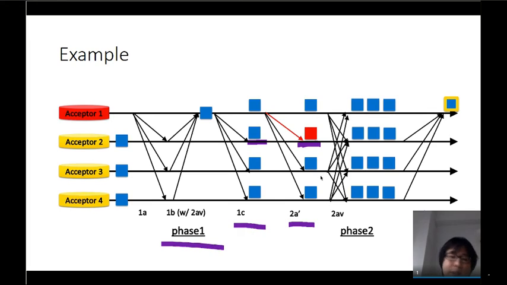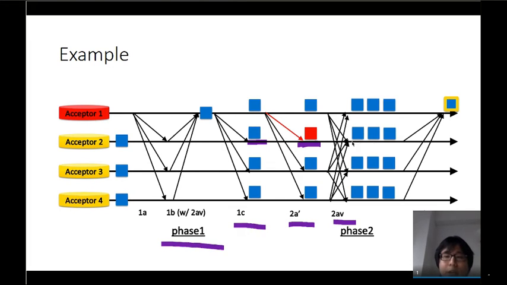For every other acceptor, because the values for phase 2A prime and phase 1C match, they will broadcast a phase 2AV message to everyone. After an acceptor receives a quorum of these messages, it will check if the messages match each other. And if so, it will broadcast a phase 2B message to everyone.